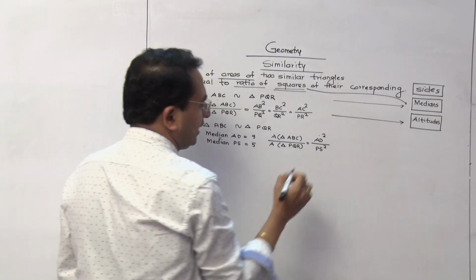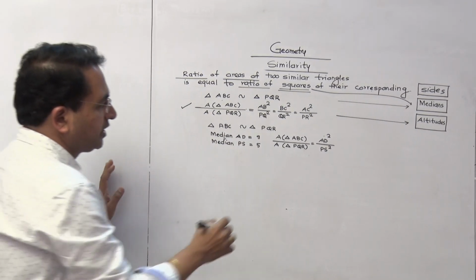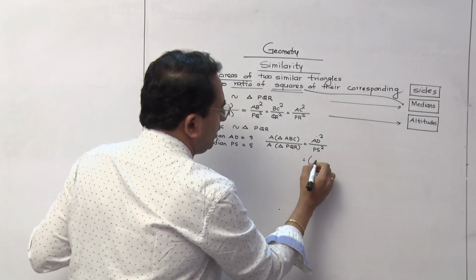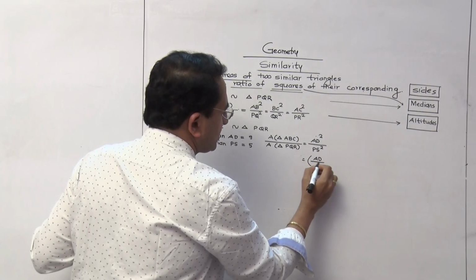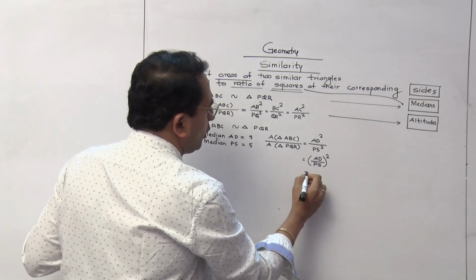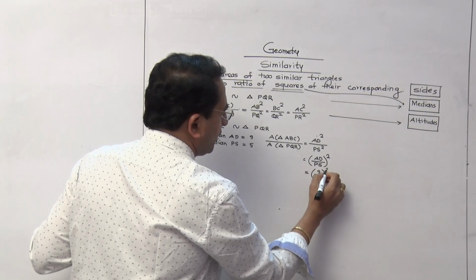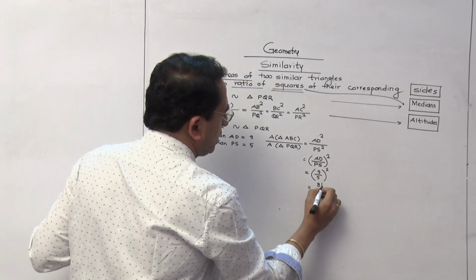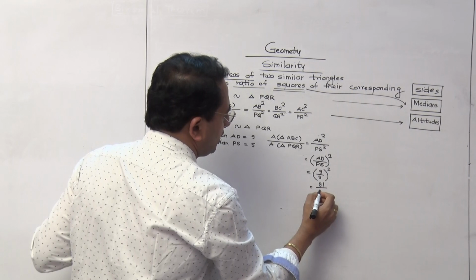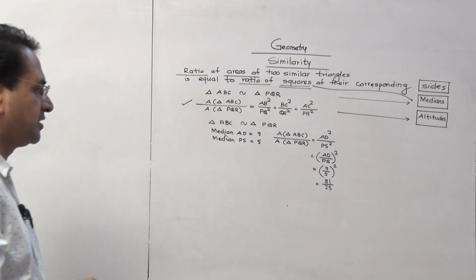Therefore, we have to write it like this: AD upon PS whole square. That AD upon PS is nothing but 9 upon 5, and therefore the answer comes here as 81 upon 25. Is that clear to you?